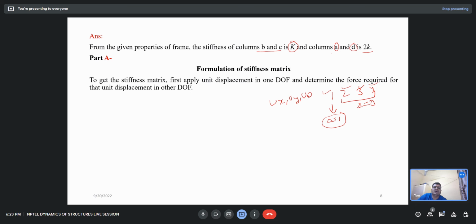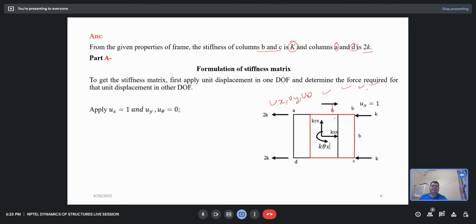So first I will apply the unit displacement in the x direction, which is ux. If I apply ux equal to 1, the displacement at the other degrees of freedom will be 0. So this is my free body diagram.